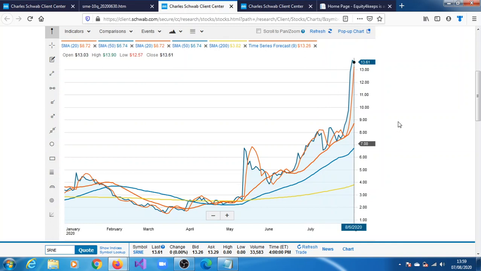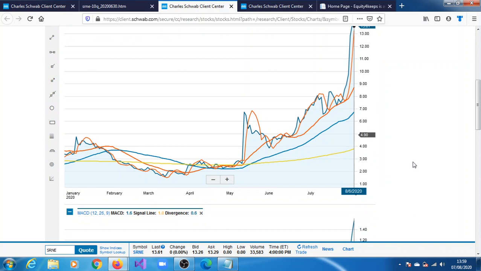But all in all, as things stand now, since the 15th of May, the trend lines we're using here, that is the 20-day simple moving average, the 50-day simple moving average, and the 200-day, they have been trending upwards.